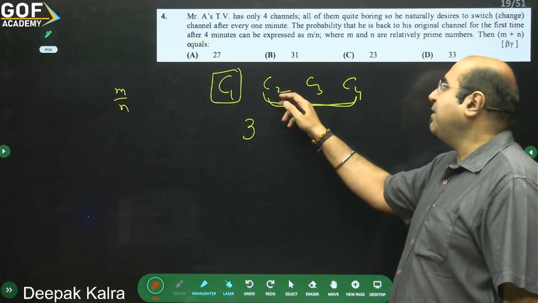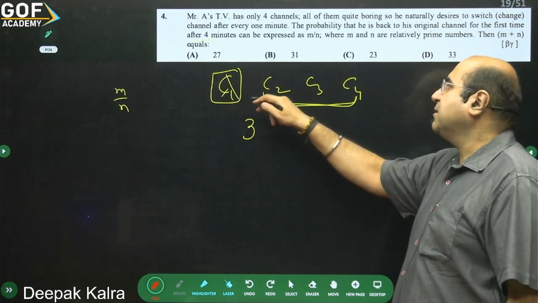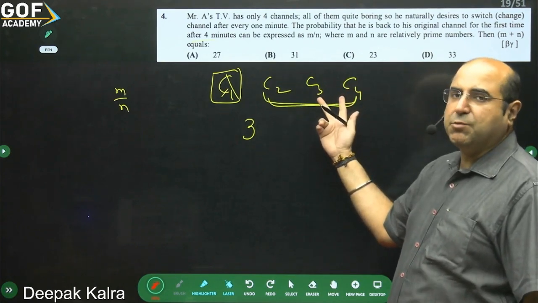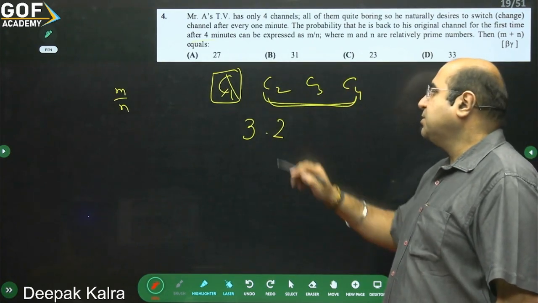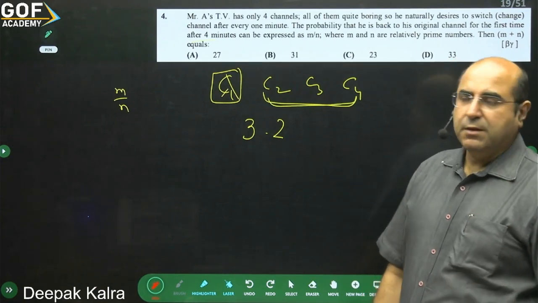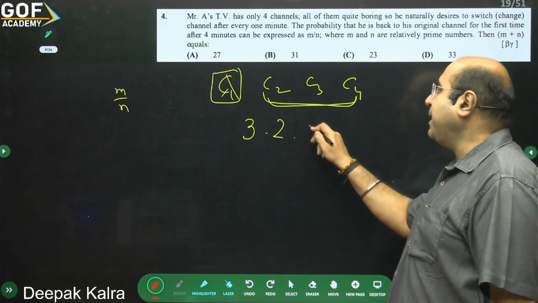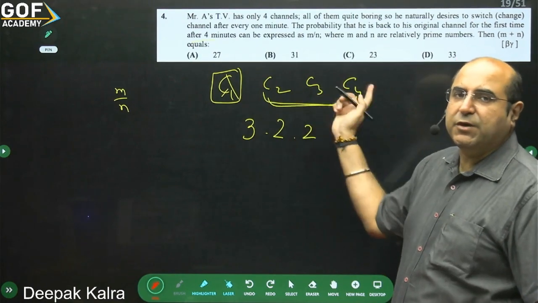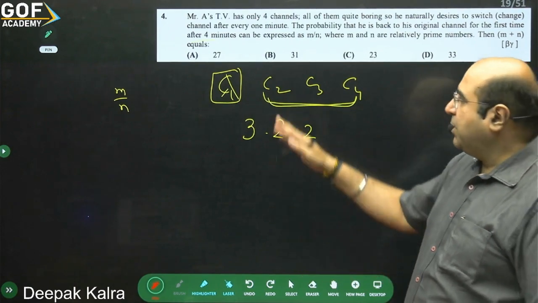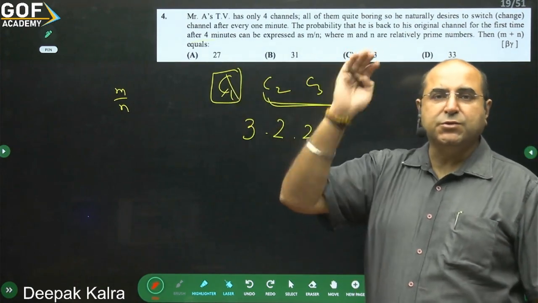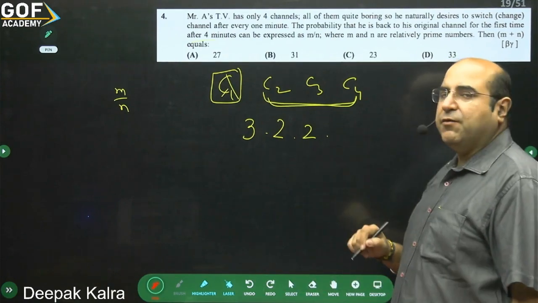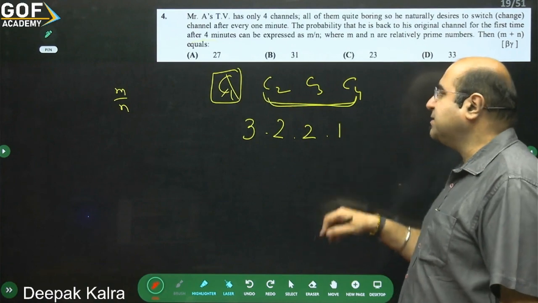Second minute he will have, without this, if he has reached any one of them, you will be left with 2 choices more. He'll go with 2 more choices. Second minute is over. Third minute again he will be having 2 choices because he can switch over to any one of them, whichever he is being there. Only this one will be scratched off, which was his original first channel, which he has started with. Now the 4th minute, he should come back to this. He has this choice only.